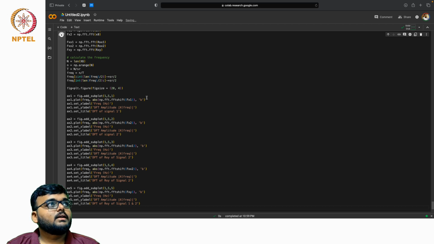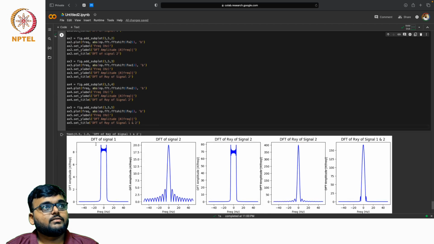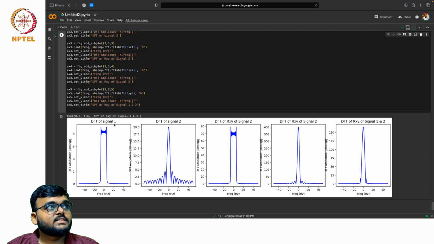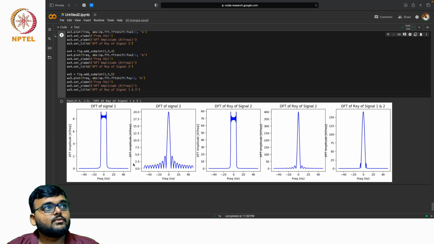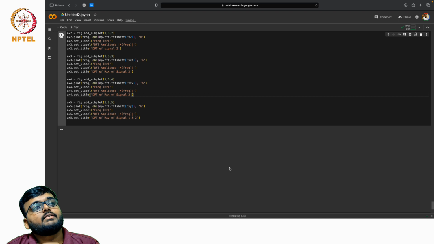Here we will do the FFT of both signals and the correlation of both signals. For the sinc we got a rectangular pulse, for the rectangular pulse we got a sinc, the absolute values of sinc, and here it's Rxx of signal 1 and here is Rxx of signal 2. The title has a mistake, so whatever it is.